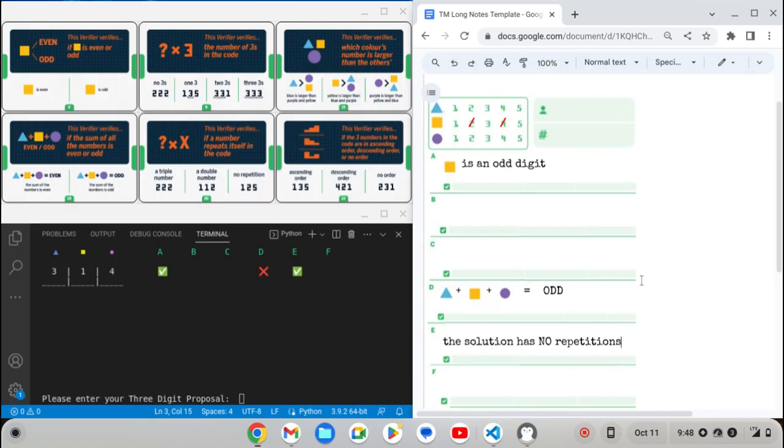So if that's true, could you have a 5? Could square be the largest? Well, I don't believe so, because if square were the largest as a 5, then that would mean the solution would have an even in triangle and circle.